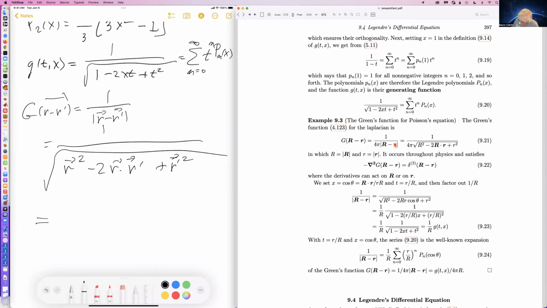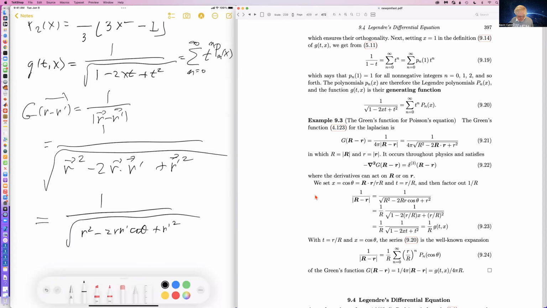Normally we call that cosine theta. And so this is 1 over the square root of r squared minus 2 r r prime cos theta plus r prime squared. That's another way of writing it.